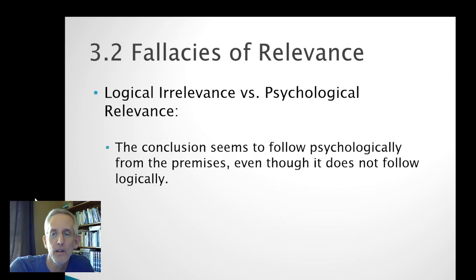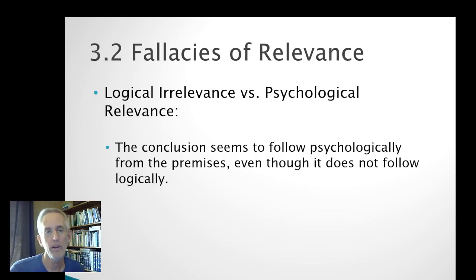In other words, we're sort of tricked by our psychology into accepting that the conclusion actually follows from the premises that are being presented, when in fact it does not follow logically. So each one of these fallacies we're going to look at coming up here commit that same logical error. They just do it in different ways.